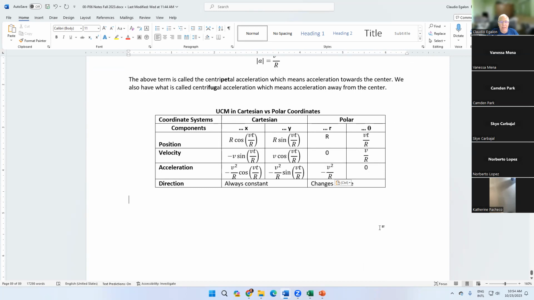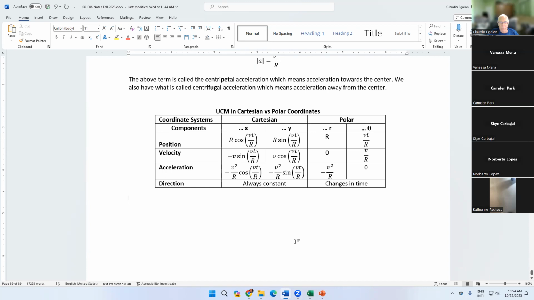That's what you pay for having this simplicity for the scalar components. The vectorial components change, whereas most of the scalar components are constant, either constant or zero. The price you pay for all the simplicity is that the unit vectors are not constant. They change in time.